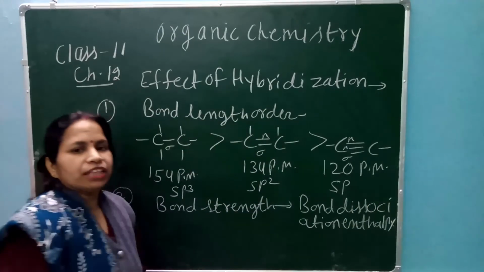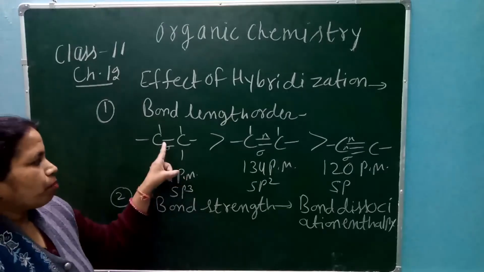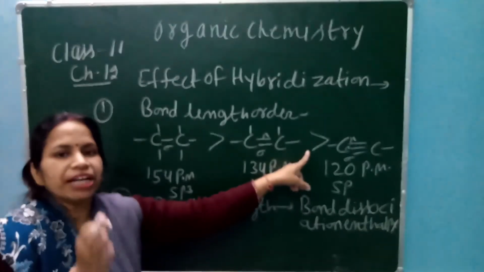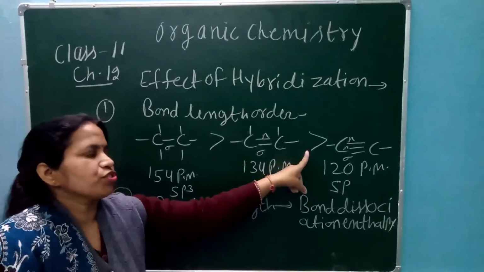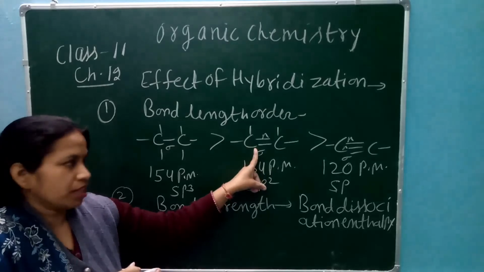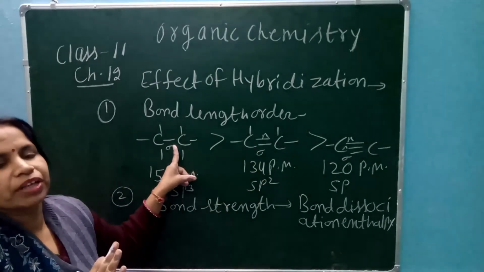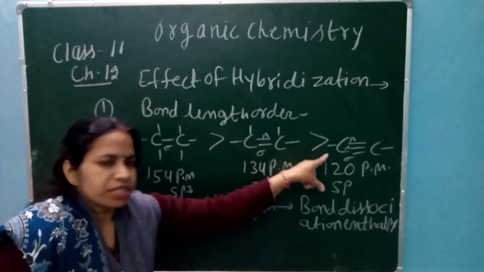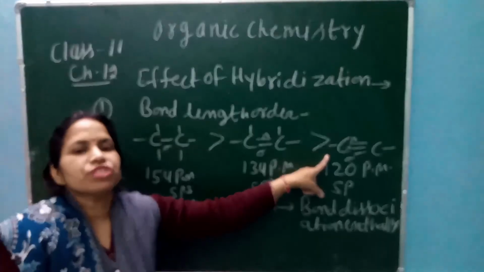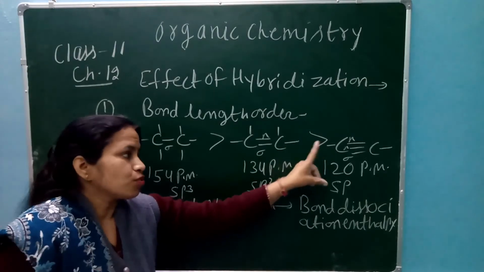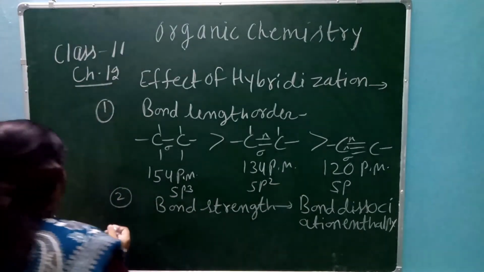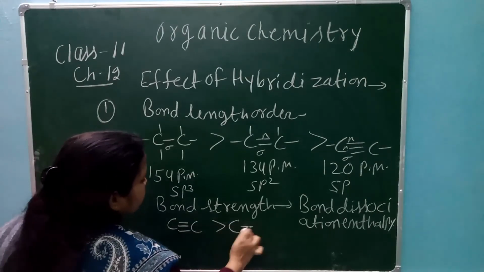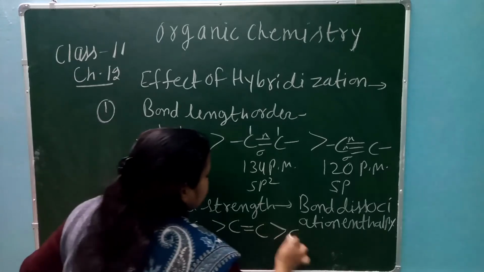Bond dissociation enthalpy means the amount of energy required to break the bond. ट्रिपल बॉन्ड ब्रेक करने के लिए हायर एनर्जी की रिक्वायरमेंट होगी, डबल बॉन्ड इससे कम, देन सिंगल बॉन्ड वेरी लो. सिग्मा बॉन्ड इज स्ट्रॉन्ग बट देयर इज पाई बॉन्ड ऑल्सो प्रेजेंट. तो पाई बॉन्ड ब्रेक करने के लिए कुछ एनर्जी की रिक्वायरमेंट तो होगी. So the order of bond strength is C triple bond C, C double bond C and C single bond C.